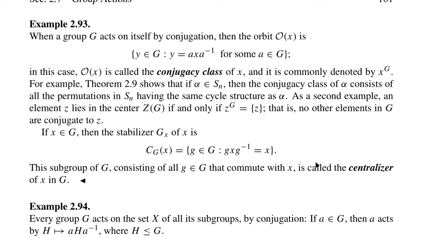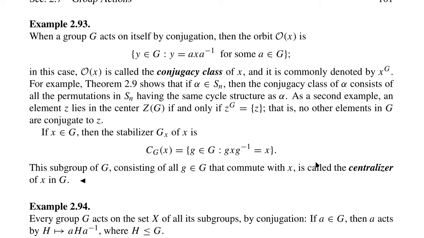So then if you have some element, this is again the opposite direction. Take an element X from the group. The stabilizer of X is going to be C_G(X), which is all the elements G such that X can be written as the conjugate of X, GXG inverse.